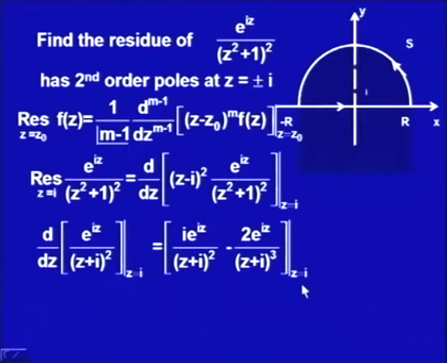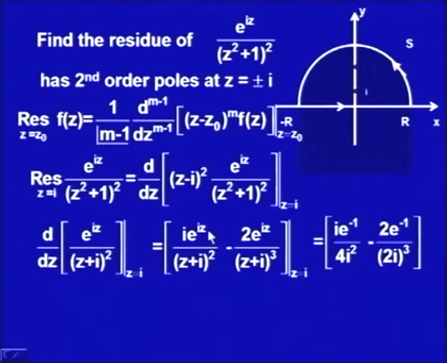So, if I put z = i here, I get e^(i·i), that is e^(i²), so it is e^(-1), and here I get i + i, that is 2i.